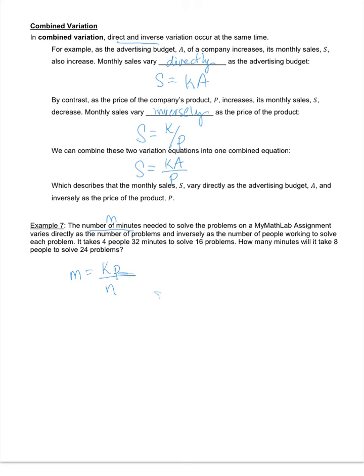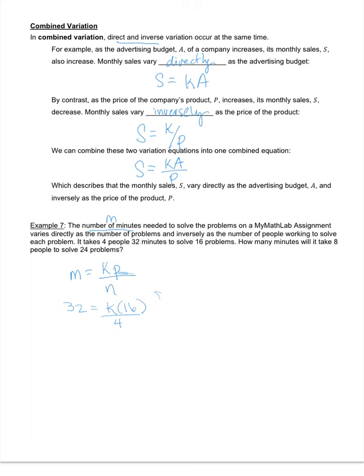Now, let's go ahead and substitute in what we know. It takes 4 people 32 minutes to solve 16 problems. So 32 minutes is how long it takes 4 people to solve 16 problems.